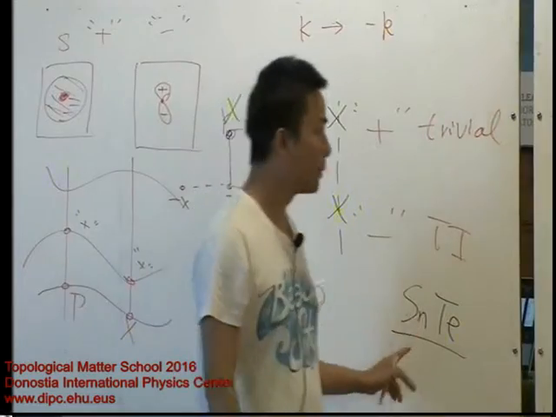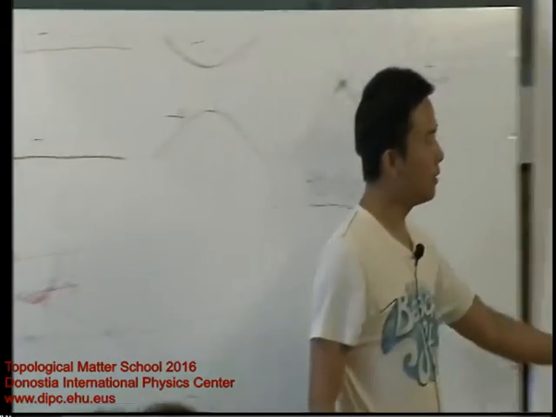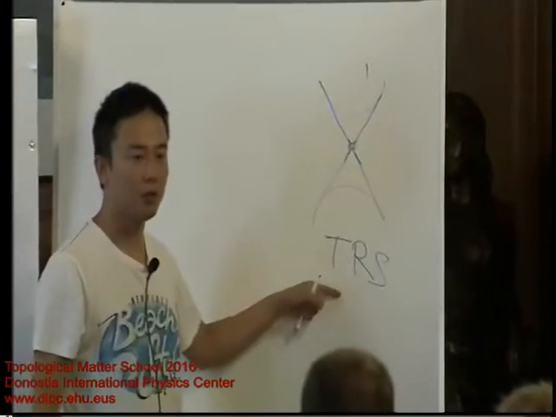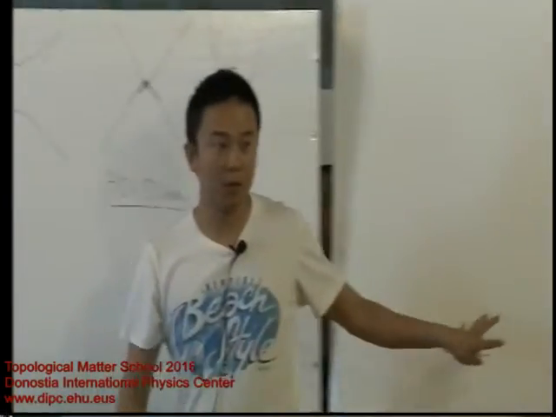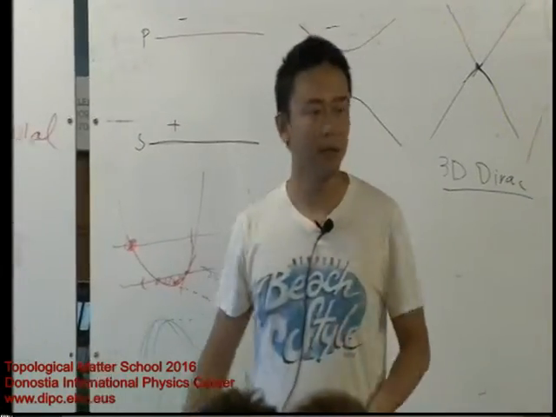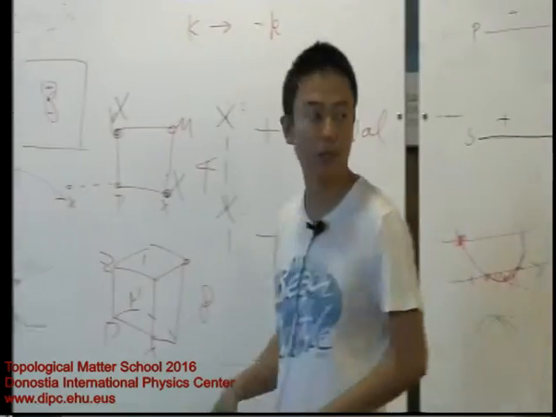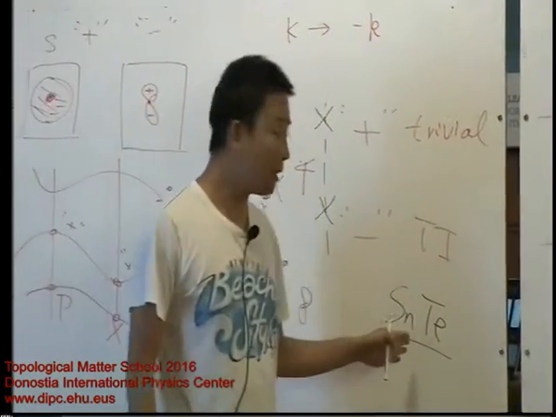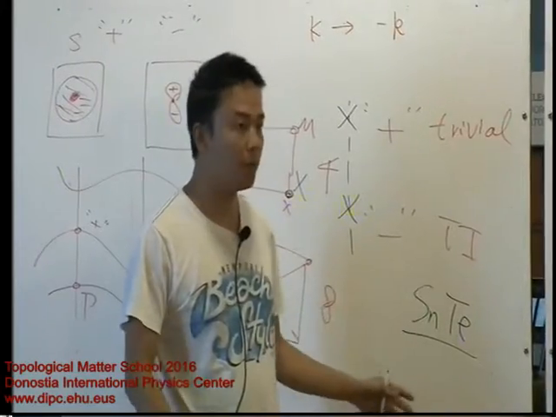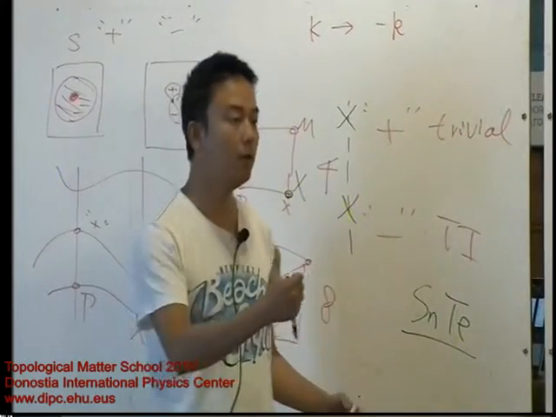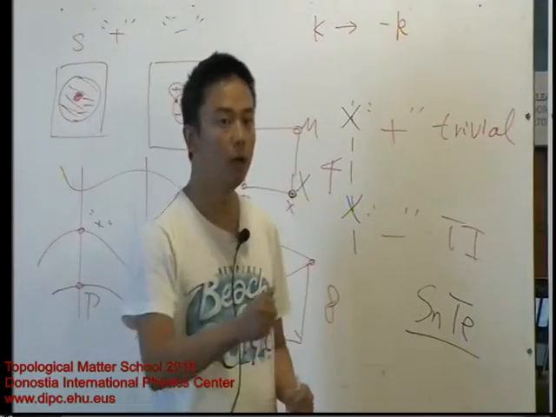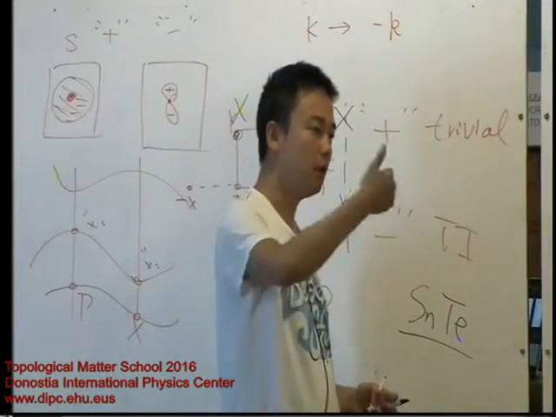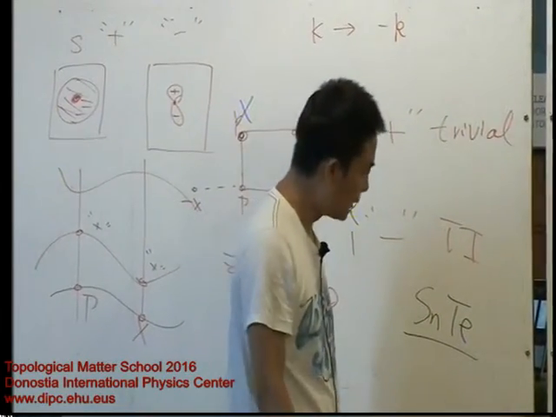Here, the topological insulator is protected by time reversal. We will see time reversal is a little more robust. For the crystalline case, you need some additional symmetry. Later, I think this idea was generalized to many symmetries, not only mirror symmetry, but maybe rotation symmetry, or even non-symmorphic glide symmetry.